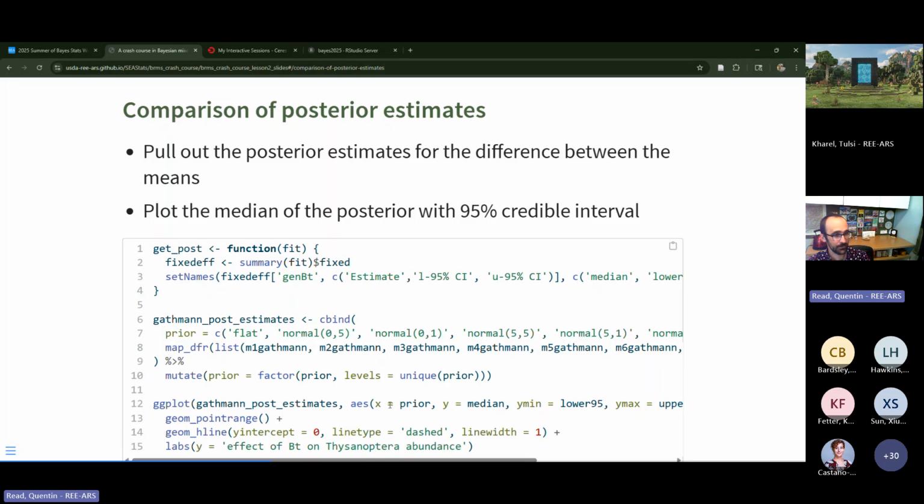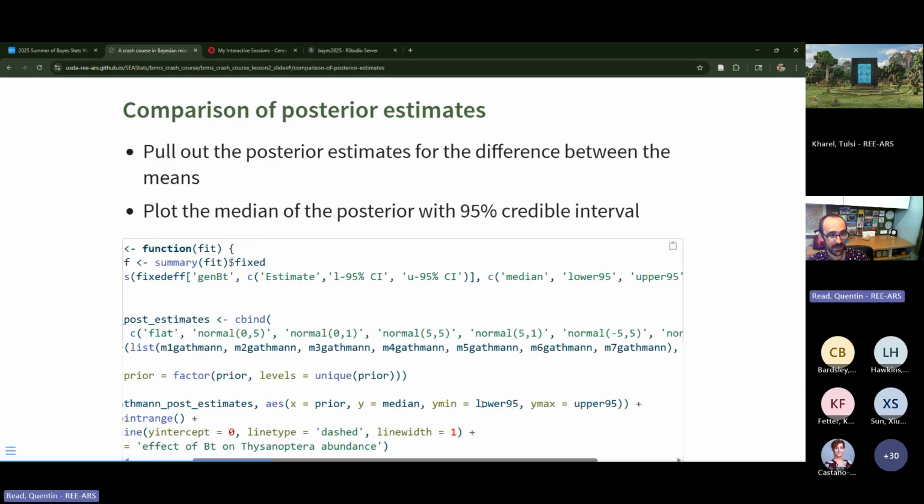And if you look, the only blanks I've left you is the x-axis on our plot we're going to make, which is the prior, which of the priors we're using. Y is the median, the median of the posterior estimate. And then the minimum and maximum of the error bars. Y min is lower 95, the lower bound of the 95% credible interval. Y max is the upper bound of the 95% credible interval.